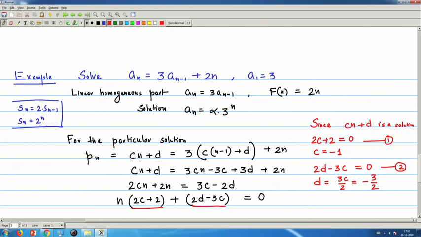So I get the two coefficients: c equal to minus 1 and d equal to minus 3 by 2.